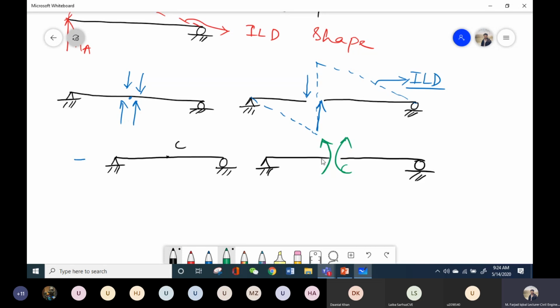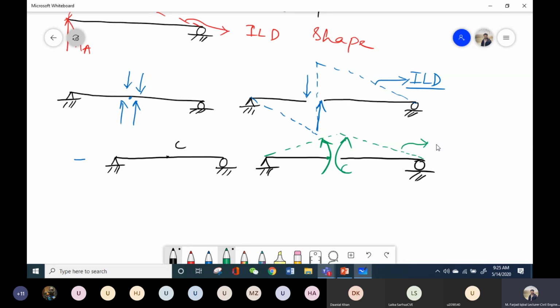When I apply the counterclockwise moment, or if I hold this point and try to rotate the beam, what will happen? This part will move up like this, and this part will also move up something like this. So do you think that this is the shape for our ILD?